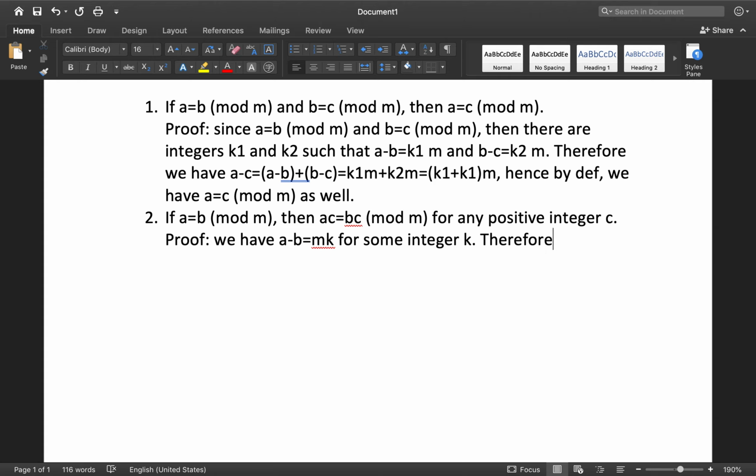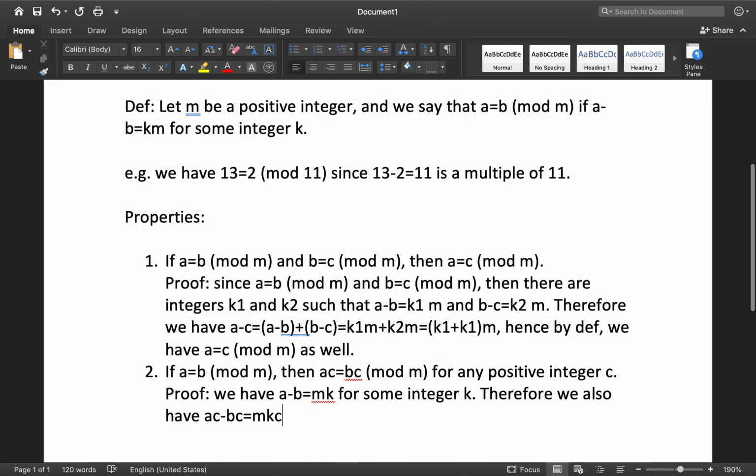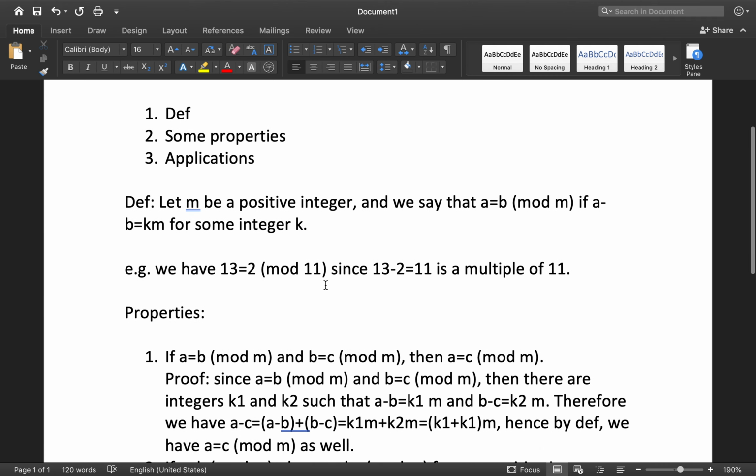For example, we can multiply it by any other integer c. We also have ac minus bc, which is equal to mkc. Just like what I mentioned before, usually those definitions are not very useful. The more useful thing you can use is an equation.